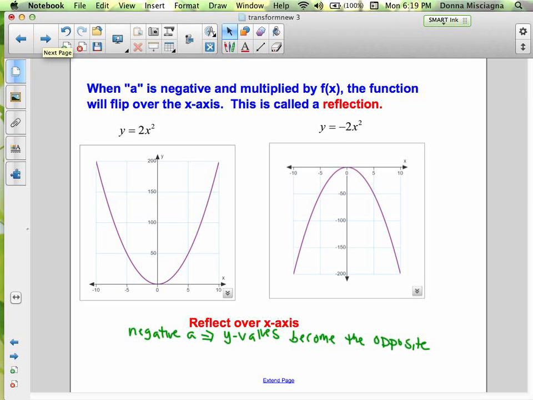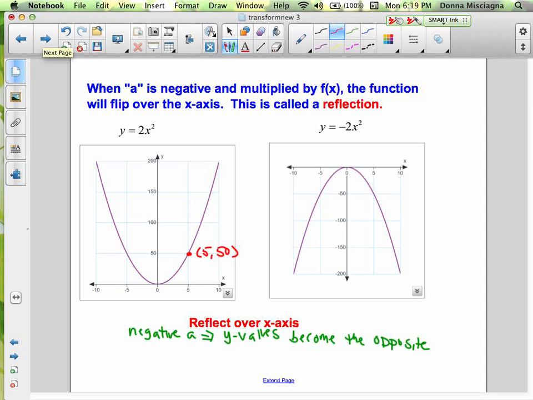All right, so here on the left we have 2x squared. On the right we have negative 2x squared. So right here we can see a pretty clear point. Right? This is the point (5, 50). If we were to square 5, we would have 25. 2 times 5 is 50. So that is the point (5, 50).